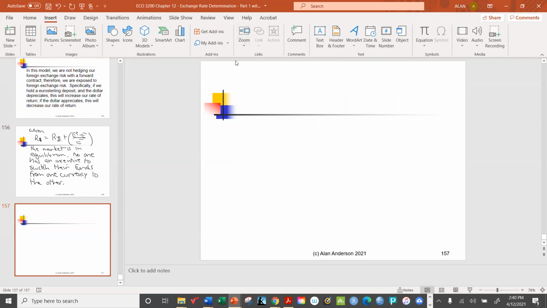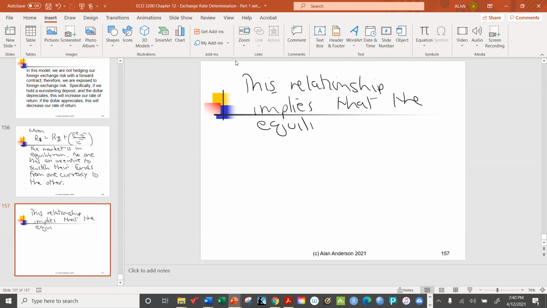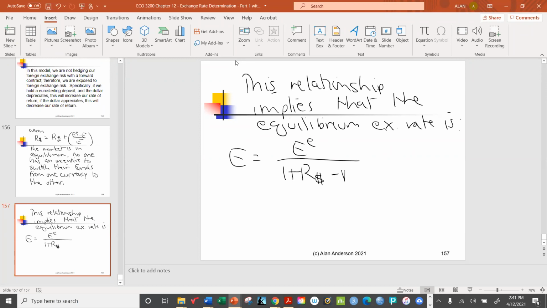So in other words, this relationship implies that the equilibrium exchange rate itself is, so we rearranged it once before algebraically, and we discovered that we had the expected future exchange rate in the numerator, and then we had 1 plus the dollar rate minus the pound rate in the denominator. This is where we expect to find equilibrium.